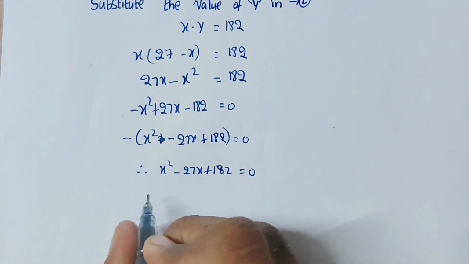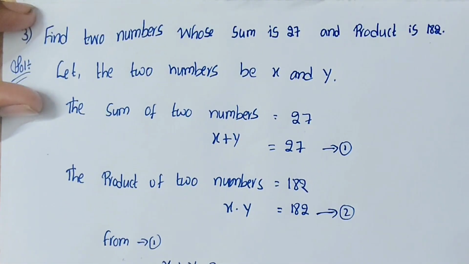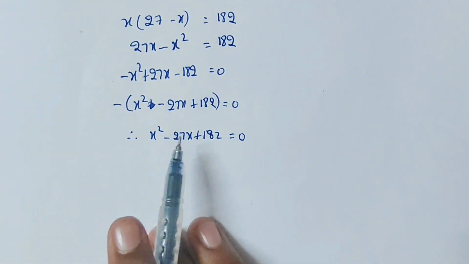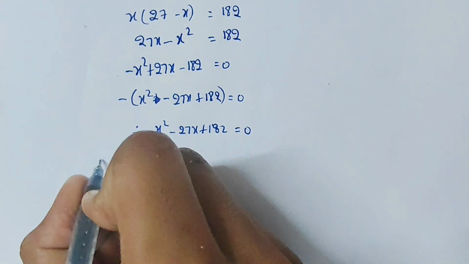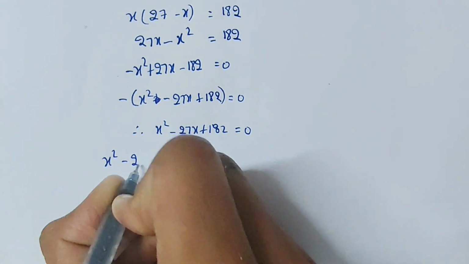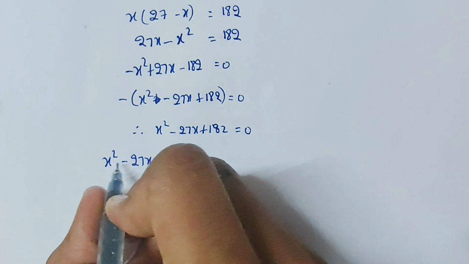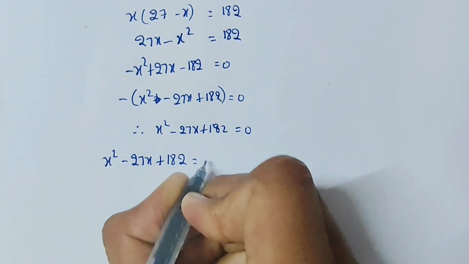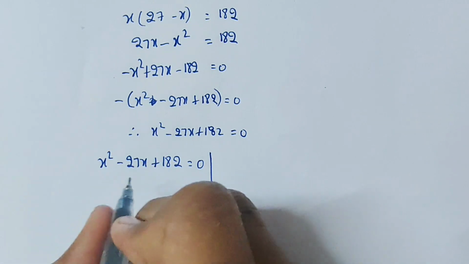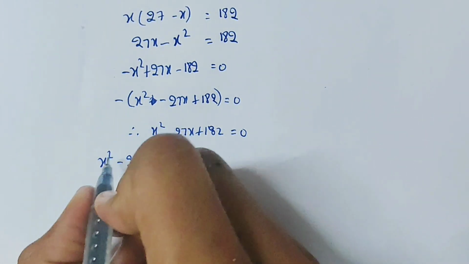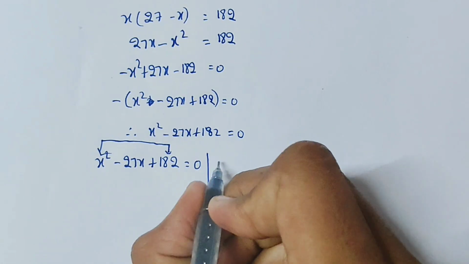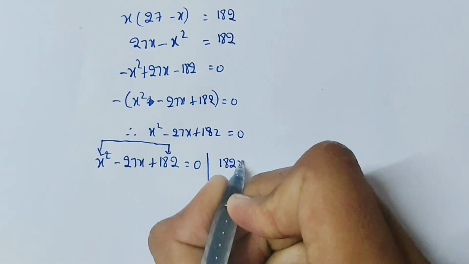Now he asked in the question to find the two numbers. Here we got the quadratic equation, so I am finding the zeros of the quadratic equation x square minus 27x plus 182 equals 0. Before finding the roots, we have to multiply the first and last terms: 182 into x square, 182x square.